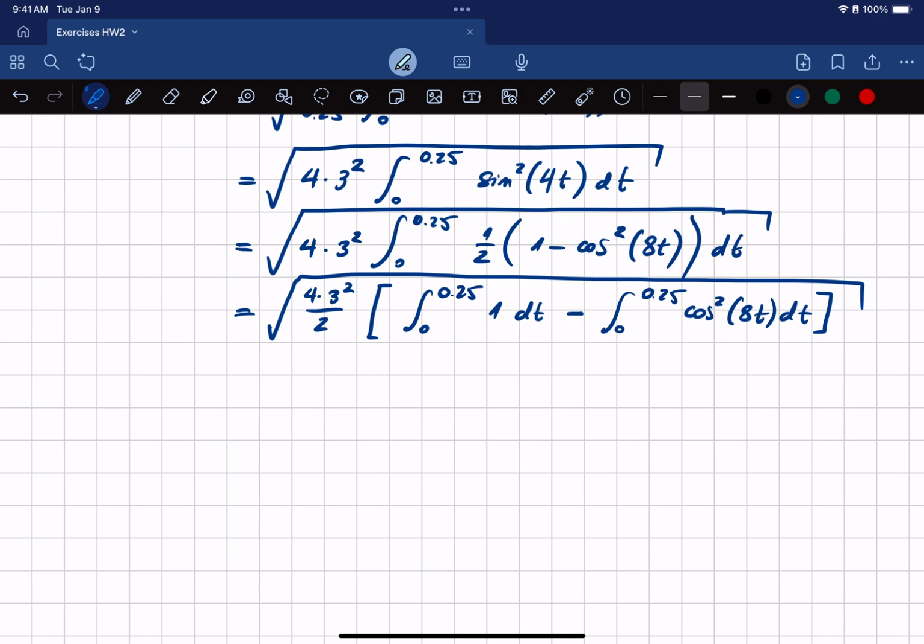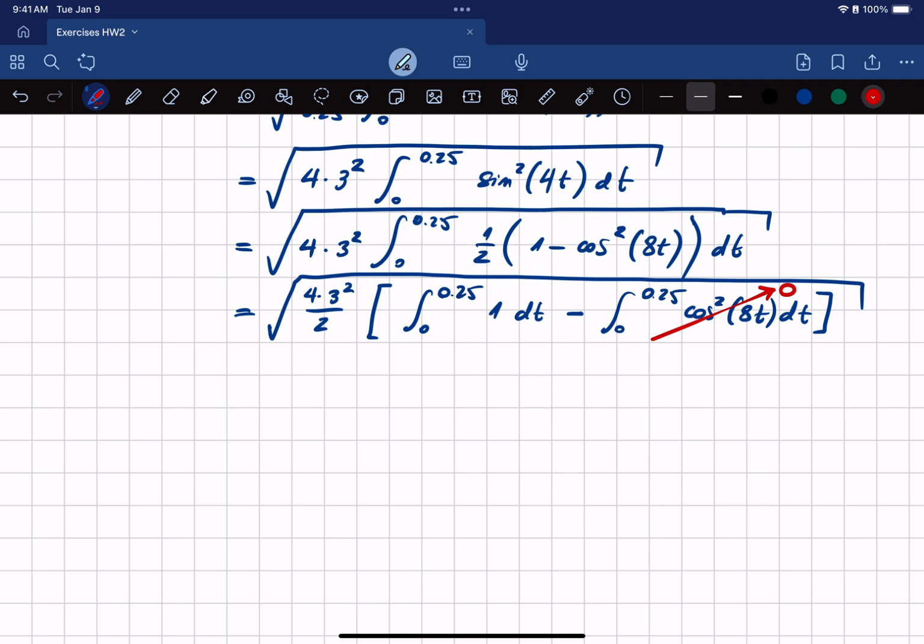So on this one, the easy result here comes with the cosine. The integral of the cosine of this double frequency signal is going to be 0. And you should be familiar with this result based on your calculus classes.